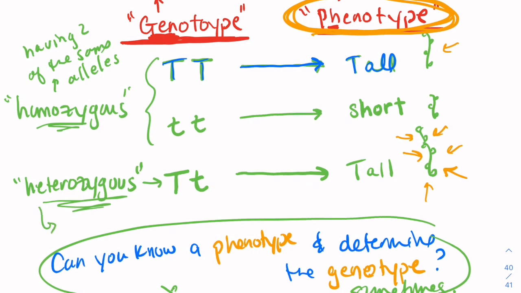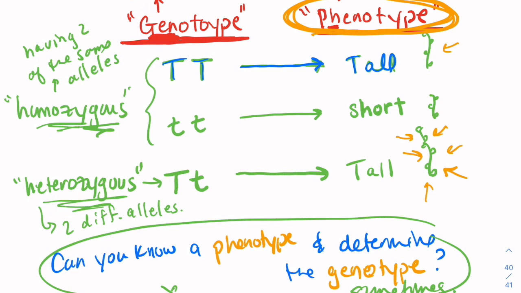Heterozygous means having two different alleles. And for those who are curious, this zygous part refers to zygote, which is a stage of a fertilized embryo, a developing embryo. So same root word there.